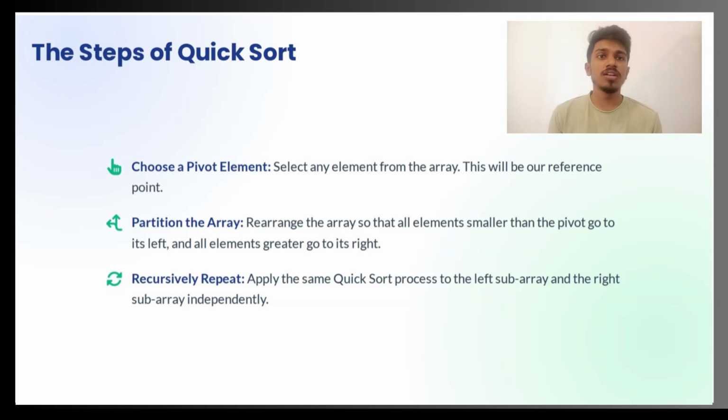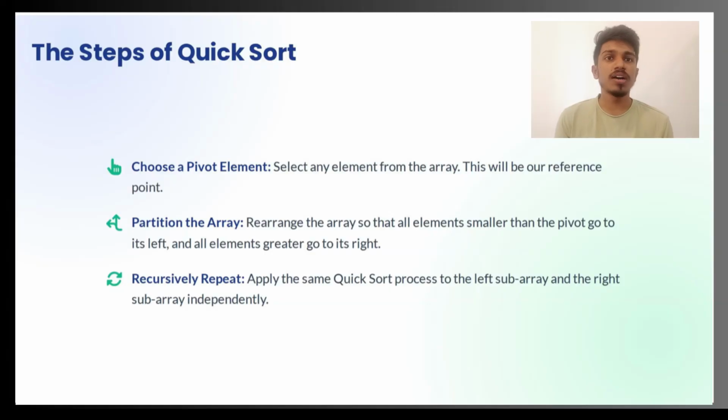The pivot is now in its final sorted position. As the third and last step, we apply the same process again. We recursively call quick sort on the left subarray and the right subarray. The recursion stops when we are left with only one or zero elements in the subarray, as these are inherently sorted.